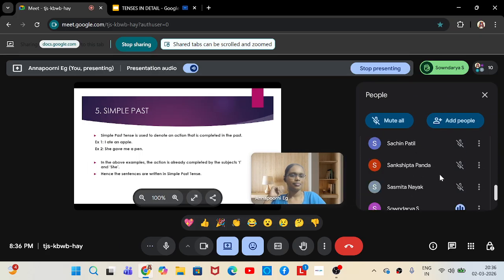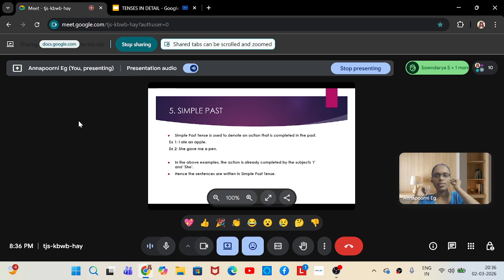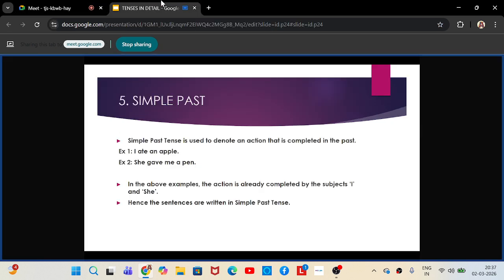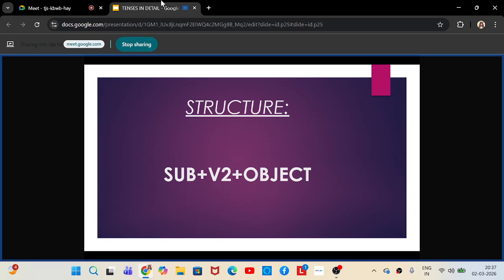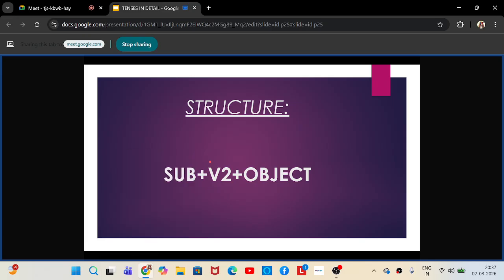Subject plus V2 plus object. Okay. So simple past tense follows the structure subject plus V2 plus object. In simple present it was subject plus V1 plus object, but here it is the V2 form because this is the past form of the verb. So V2 is the past form and this is where we use it, in the simple past tense.